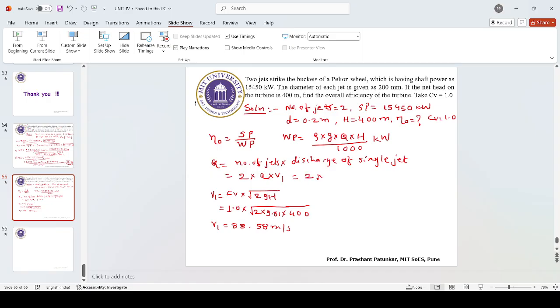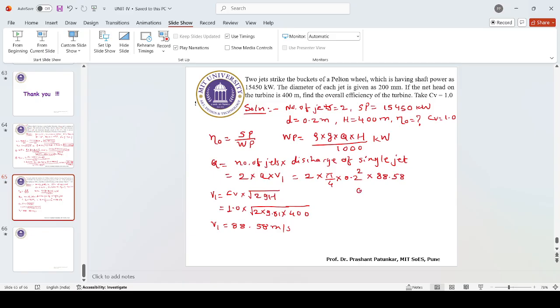So I will substitute this velocity of jet in this formula. That is nothing but two jets into area of jet, which is pi by 4 into d square, where d is the diameter of the jet. The diameter of the jet is given as 0.2 meter, and the area of the jet is pi by 4 into d square. And for the velocity, I calculated 88.58.